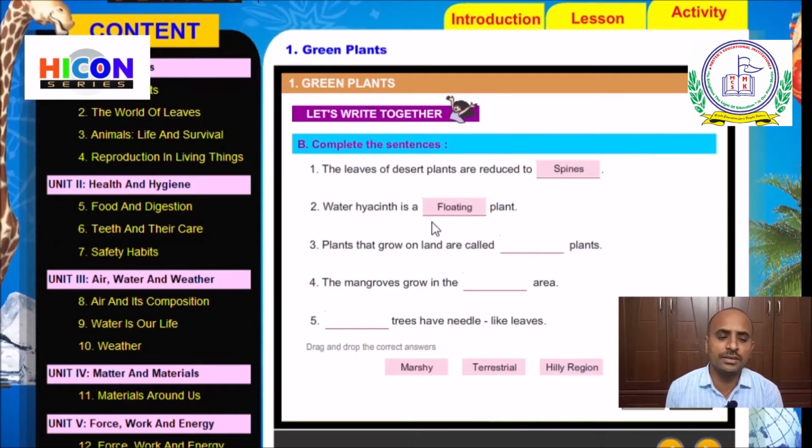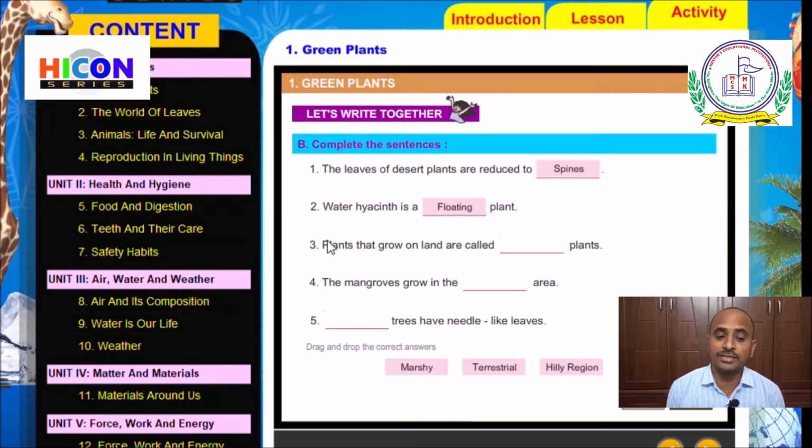So children, read the third sentence. Plants that grow on land are called dash plants. Children, we have already discussed different types of plants. Some plants grow on the land, some grow near the water bodies, and some grow near the hills.